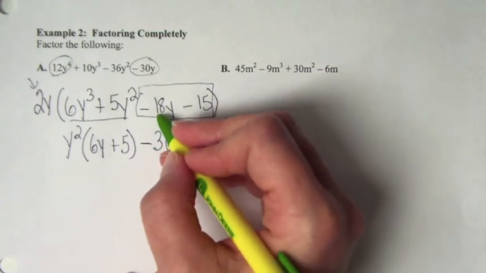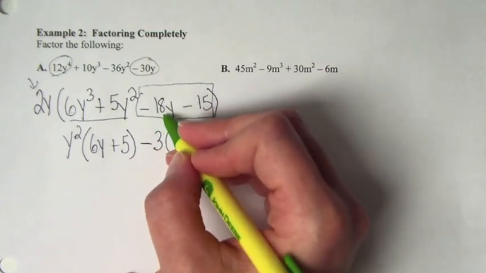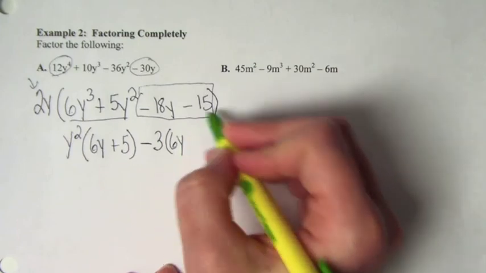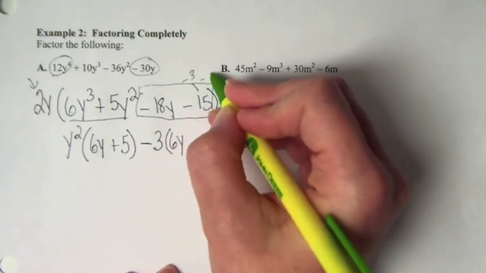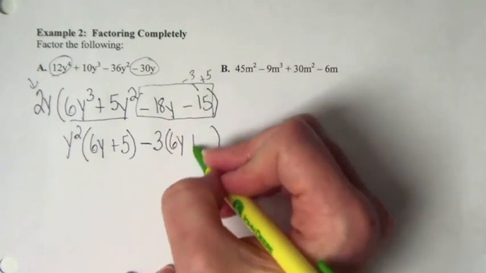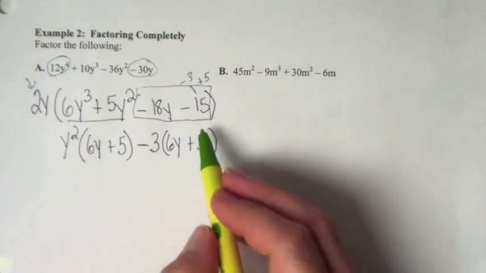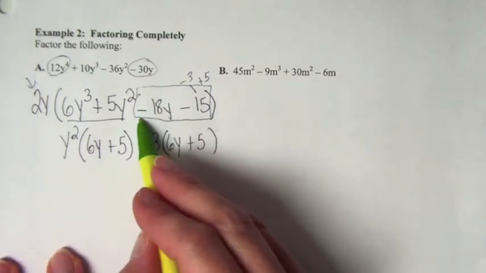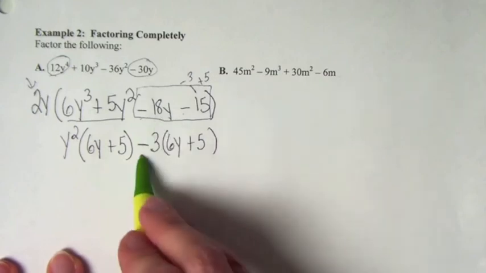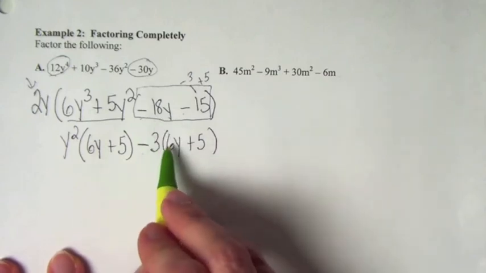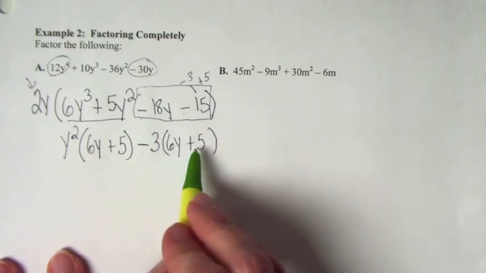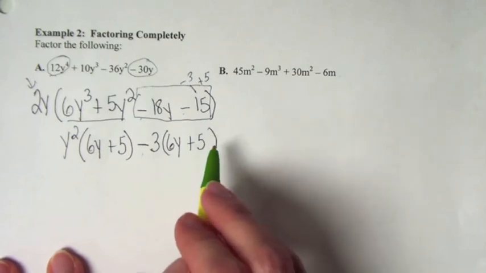So now we take out a negative 3 factor, and that's going to leave us with a 6y. Here, if we've taken out a negative 3, we have a positive 5 left, so plus 5. Be careful with the negatives and positives. If both terms have a negative, then the negative has to come out. And if the negative comes out as a greatest common factor, what's left is everything positive inside. So be careful with that.